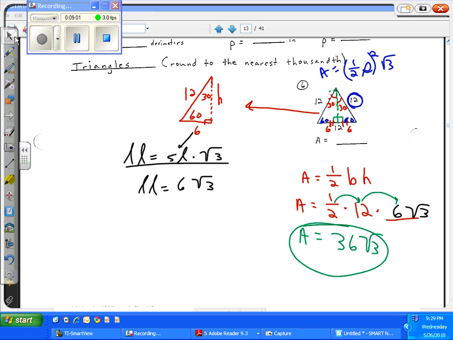So we could say 1/2 of 12 is 6 squared is 36 square root 3. 1/2 a side squared, square root of 3 gives you the area of an equilateral triangle. Okay?